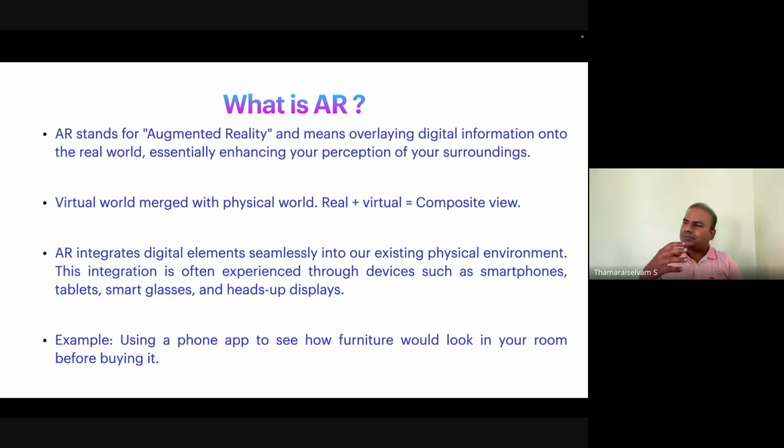Or probably, which shirt color will suit my skin tone. You can use any number of beautiful augmented reality applications before purchasing a shirt or a particular cloth, and get a feel for which color will suit your skin tone. All these are typical simple applications of augmented reality.